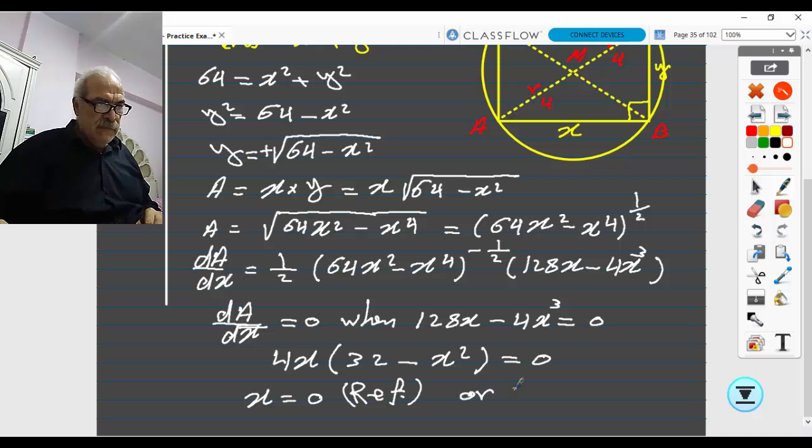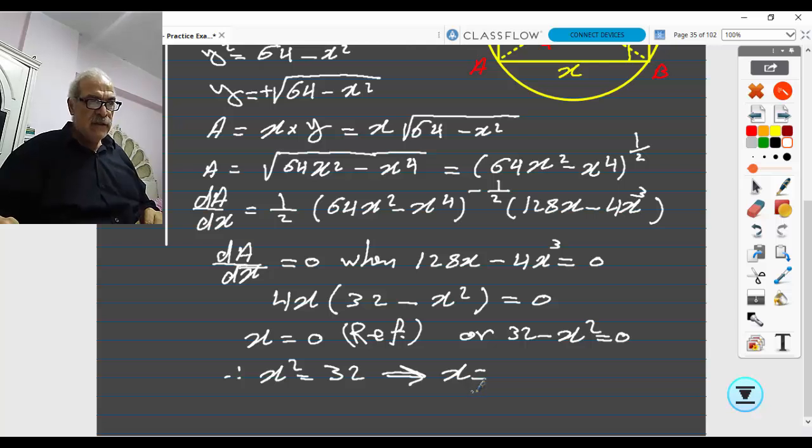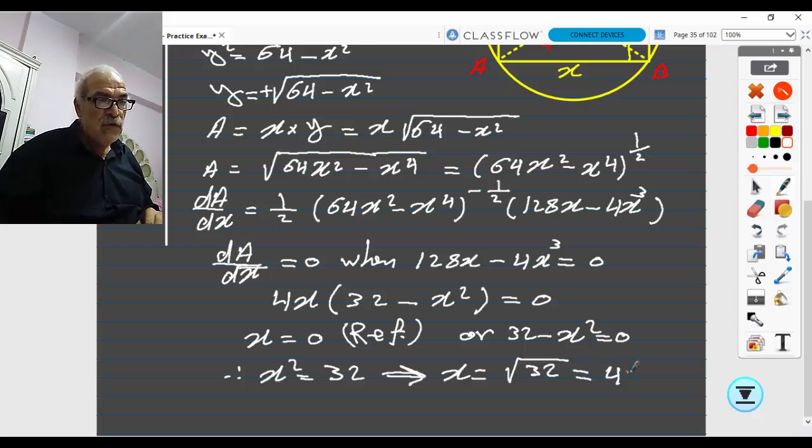Or 32 minus x squared equals 0. It means x squared equals 32. And from that, you can deduce that x equals root, positive again, root 32, which equals 4 root 2.